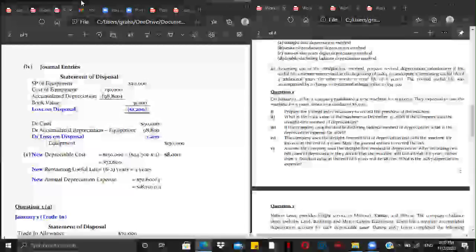So an increase in equipment would be a debit of 130,000 in the general ledger. They weren't specific as to what method was used to pay, so we're going to assume it's either cash or accounts payable. A decrease in cash, or an increase in accounts payable, would be a credit.